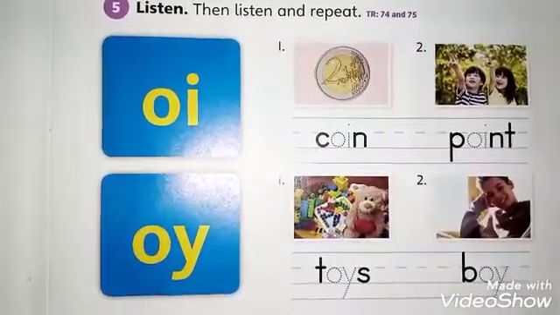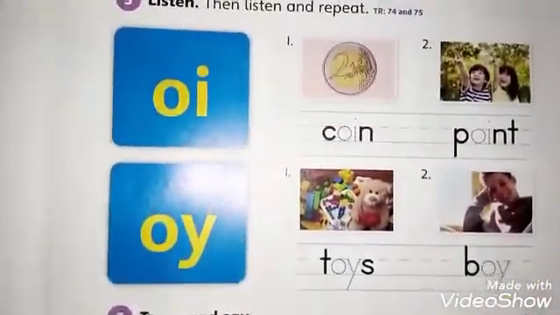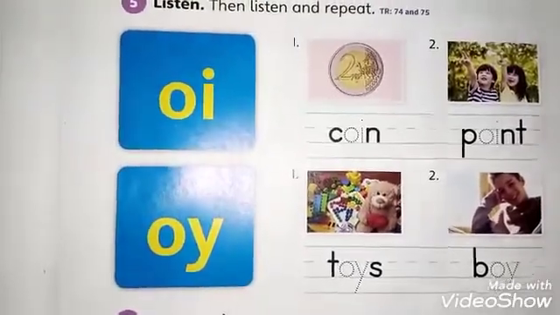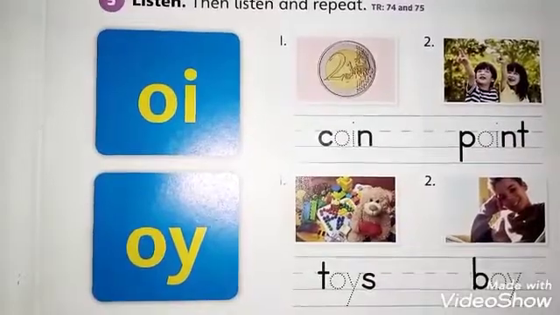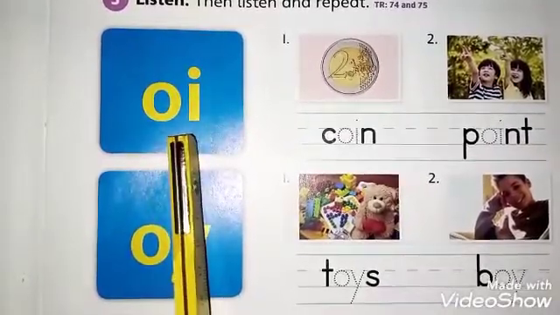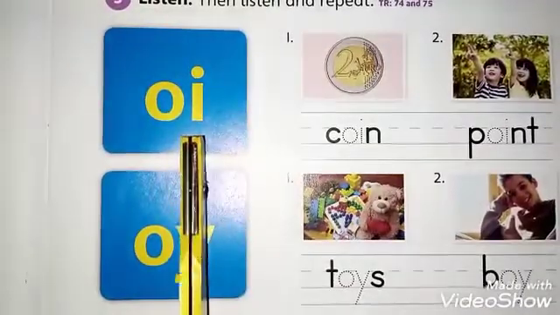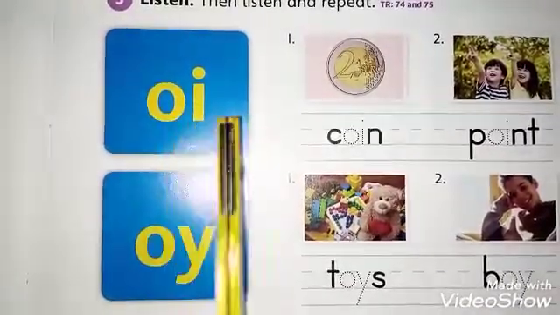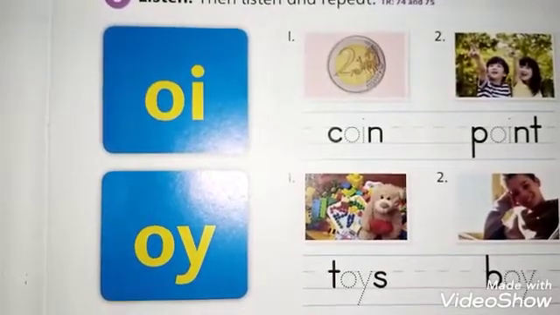Open to the next page, page 33. Let's learn a sound that the letter O can make with other letters. What sound do the letters OI make together in points? They make the sound OI. The letters OY also make the sound OI.